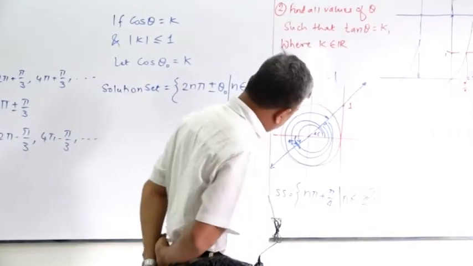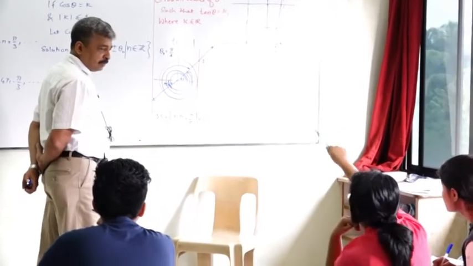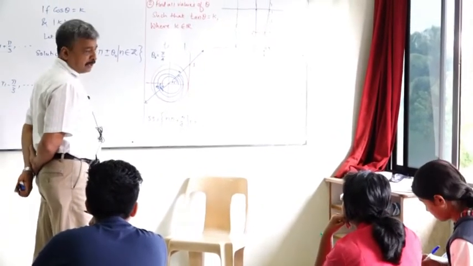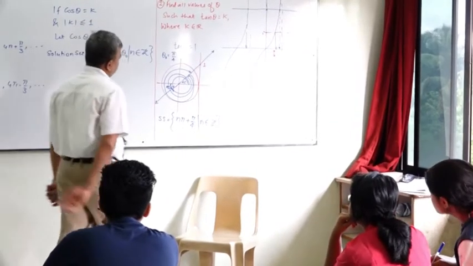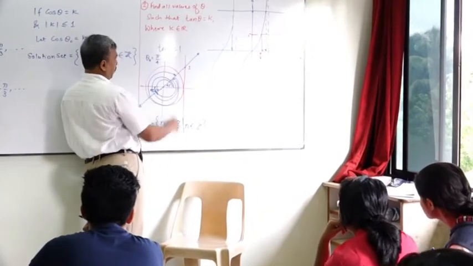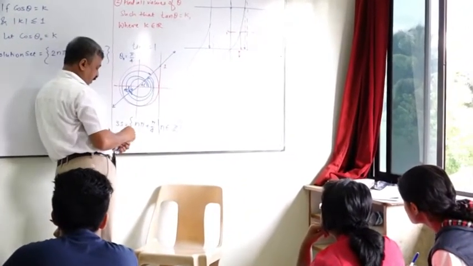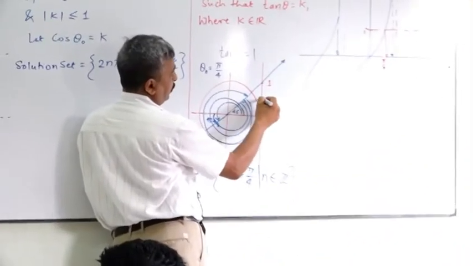Now, yes. So that solution set is valid only for tan theta is equal to 1. Correct. And that solution set for general tan. For general K, yes. Then from here, how did we reach there? Because this is done for our understanding. If it is 1, then this is the terminal ray. If it is K, then we need to plot that K here. This is K. Draw this.